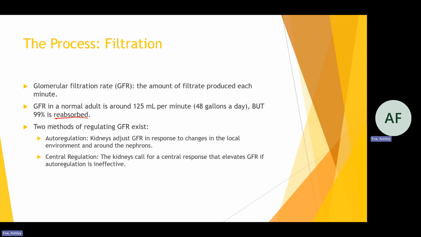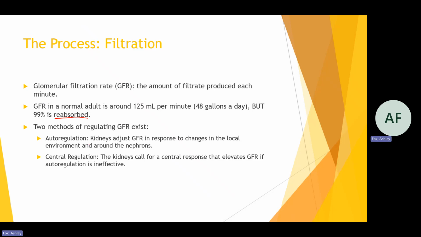So, there are two ways that we can regulate and change our glomerular filtration rate. It's not always the same number. It can change based on what's going on inside the body, whether we need to change it based on what's happening in the nephrons, in the environment, or in the rest of the body.